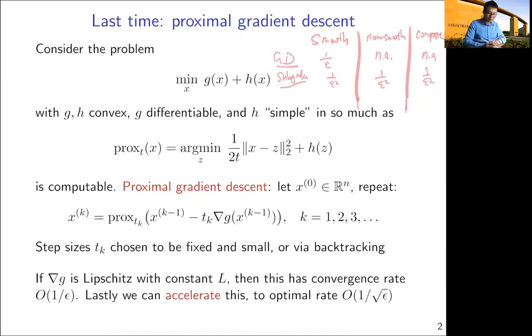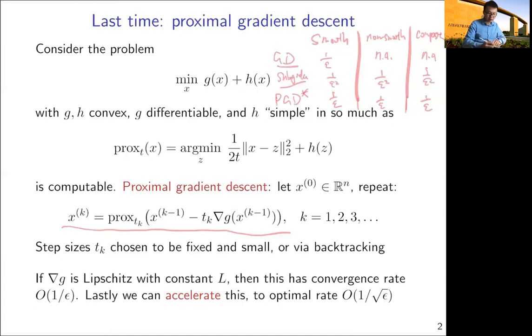Okay, so what the proximal gradient method can do is, if we specialize it to the proximal point method, you can get the 1/epsilon rate everywhere. But it really requires you to solve a more complicated update in every iteration.